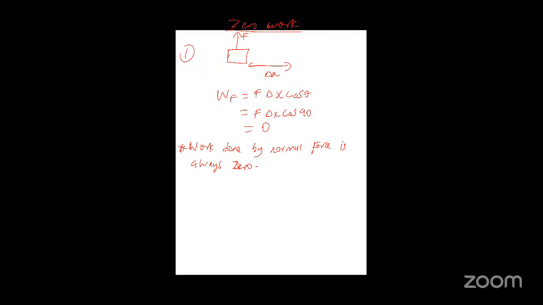Work done by gravitational force is 0 on a horizontal plane, because normal force on a horizontal plane is always in the opposite direction of FG, and on an inclined plane, the normal force is perpendicular to the surface. Okay, so this is our conclusion.